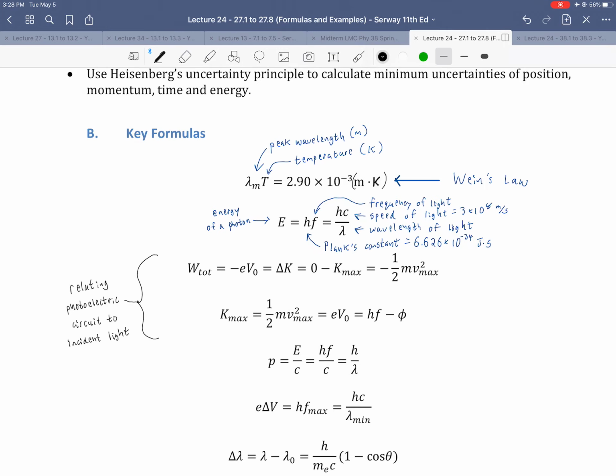Okay, so let's get into the first line, which I mentioned is a bit of a derivation, a justification of what we're doing. So W with the subscript TOT, obviously standing for total, is the total work done on the liberated electrons.